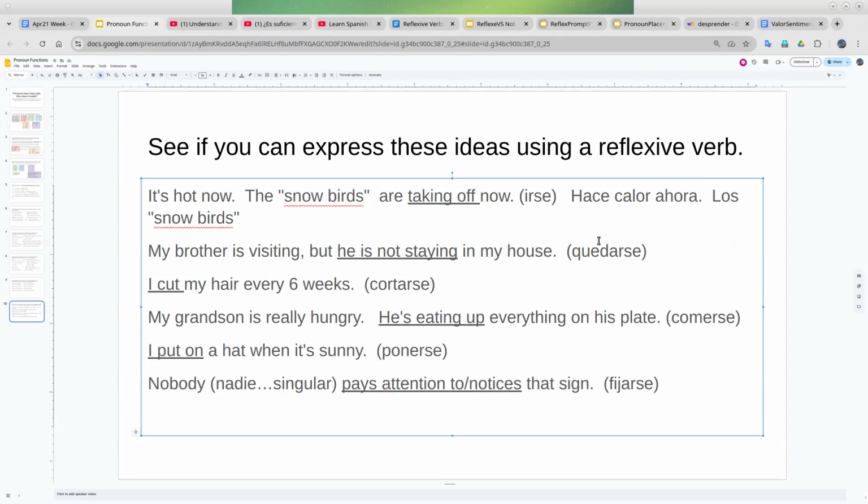Se van. They're leaving, they're getting out, right? And notice with this verb, we're not really talking so much about where they're going.